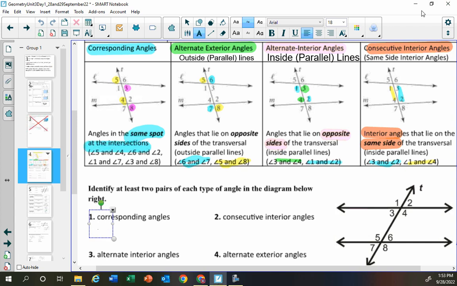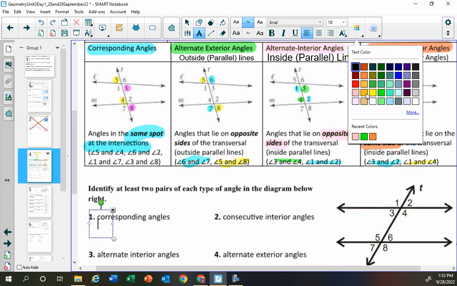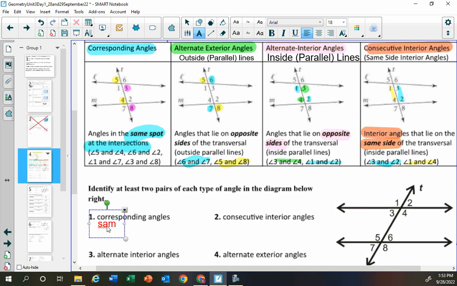You want to write same spot as your hint, do it. So yeah, corresponding, same spot at the intersection. So that's your idea for corresponding. You can write it above, you can write it below, don't matter.